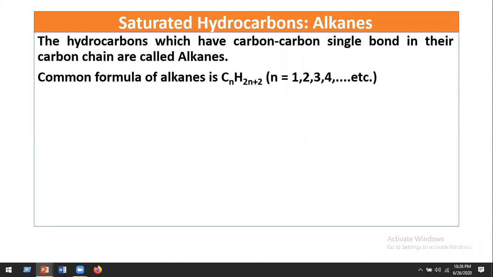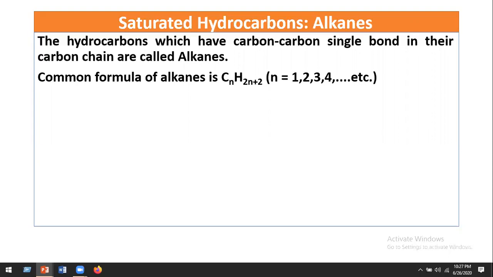At first, do you know what a saturated hydrocarbon or alkane is? The hydrocarbons which have only carbon-carbon single bonds in their carbon chain are called alkanes. No carbon-carbon double bonds or carbon-carbon triple bonds are present here.